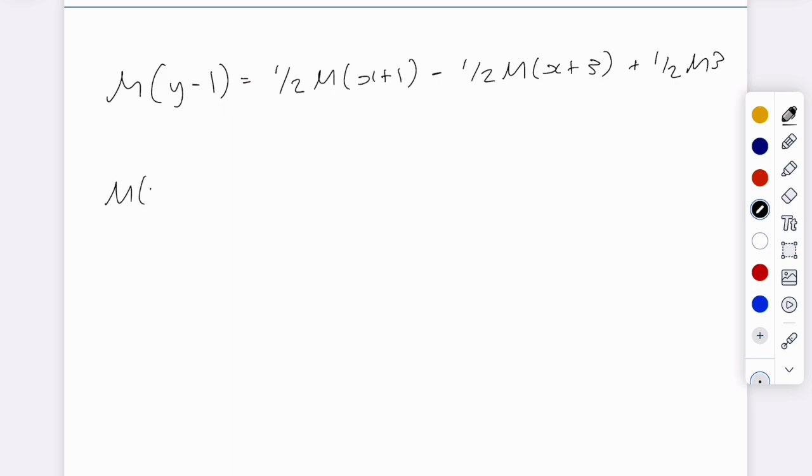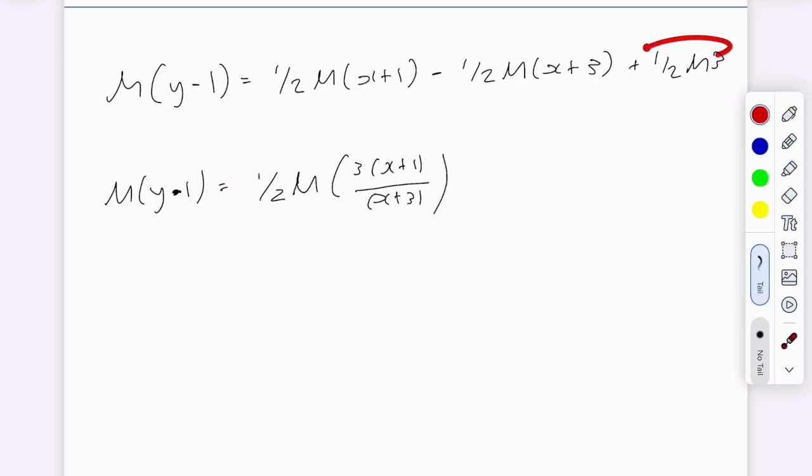We can say again that ln y minus 1 then is going to equal a half of ln of 3 times x plus 1 over x plus 3, okay, according to log rules. But this plus this, so therefore they multiply and it's going to be divided by that.